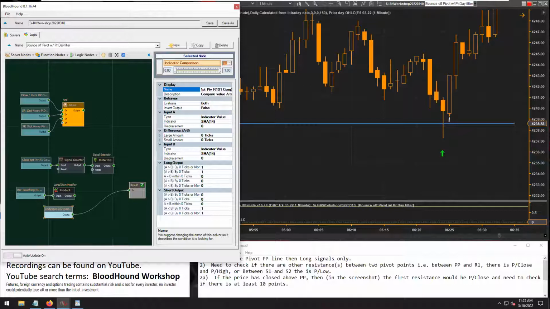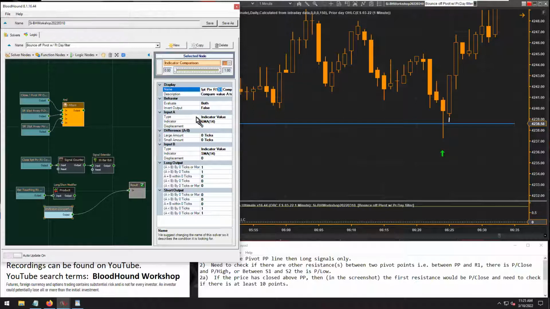All right, so as the name implies here, this solver can identify if price gets close enough to R1 and also S1, right?